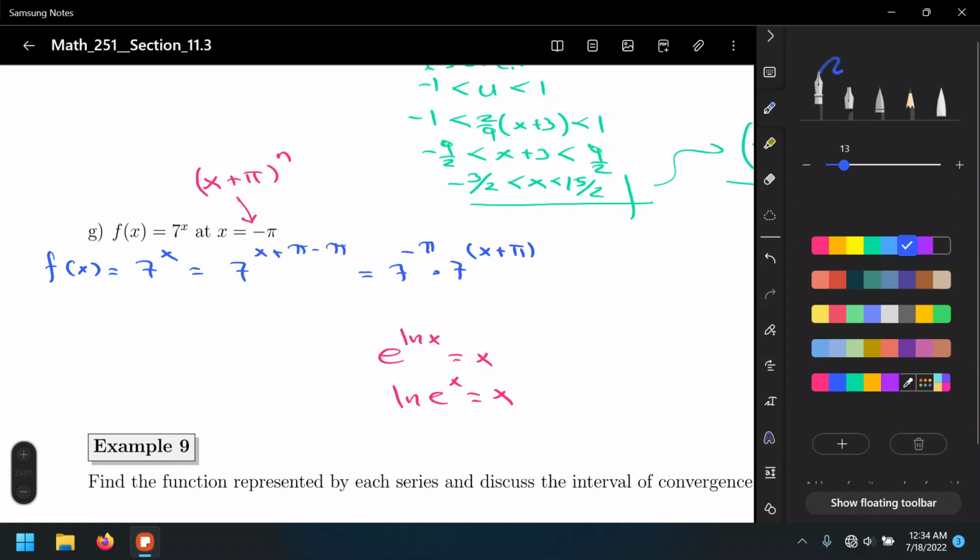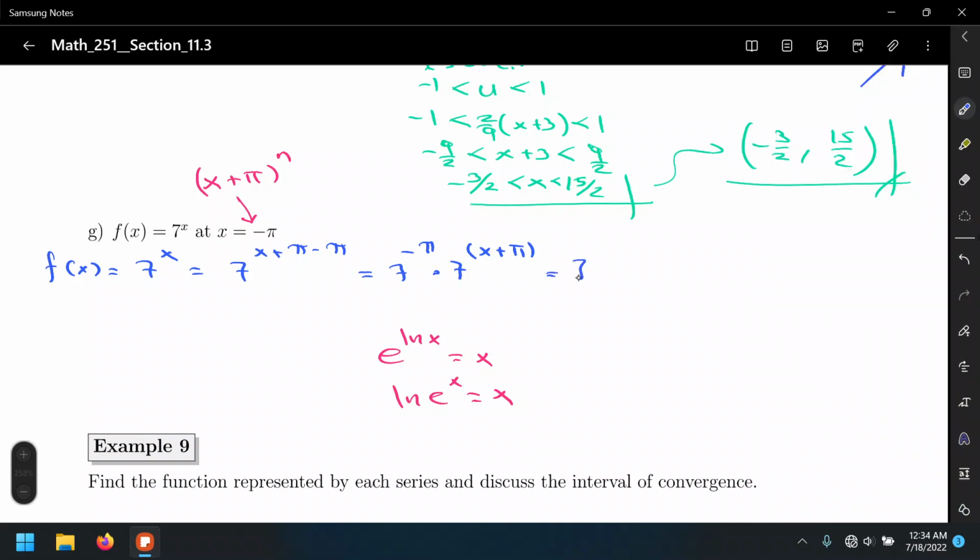So this will be 7 to the negative pi times e to the ln of 7 to the x plus pi. If we cancel this e with ln, we should get the 7 to the x plus pi, which is this one right here.